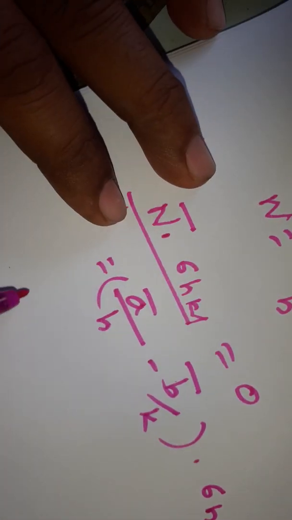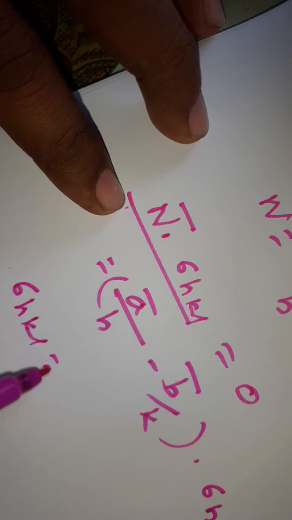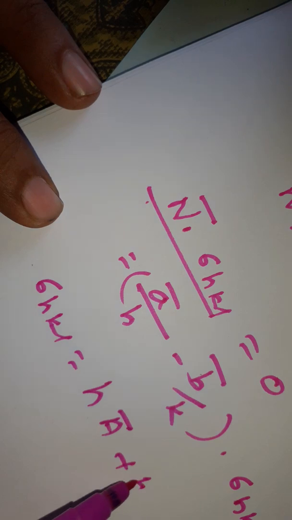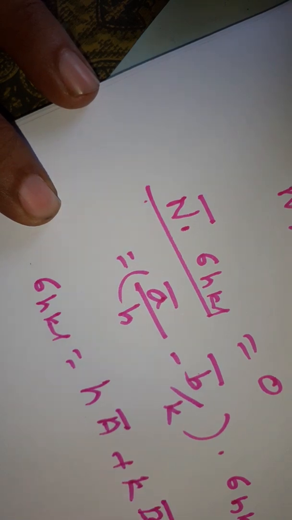Sigma HKL is equal to H A bar plus K B bar plus L C bar.